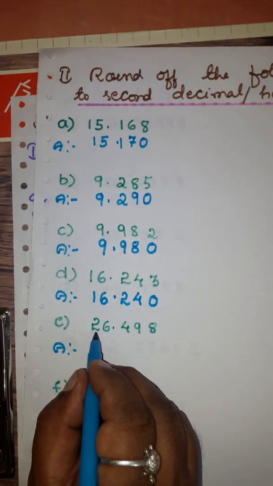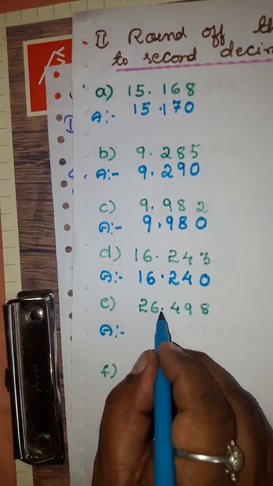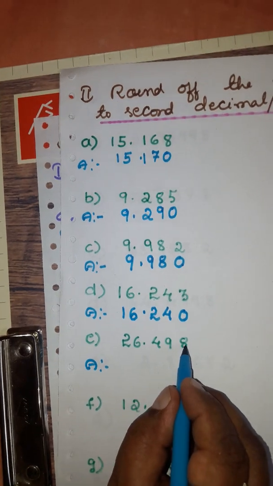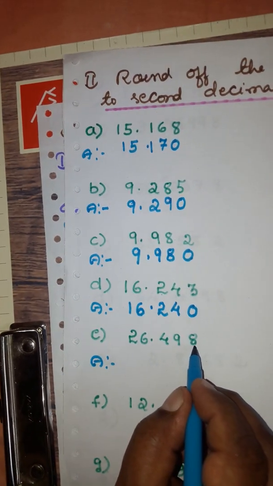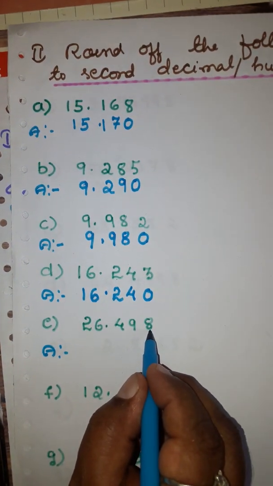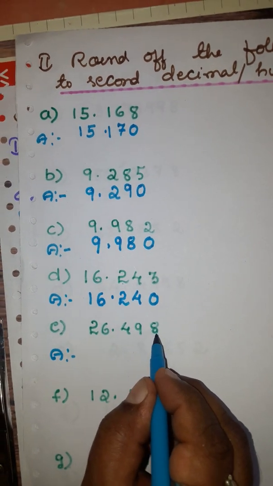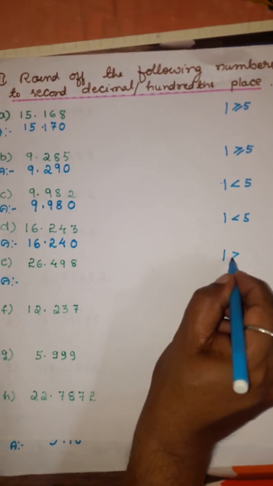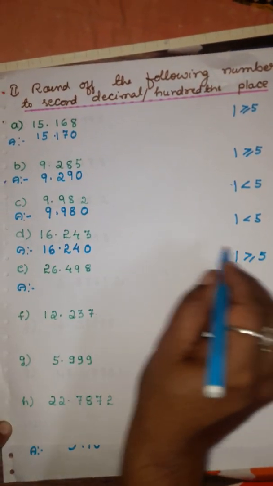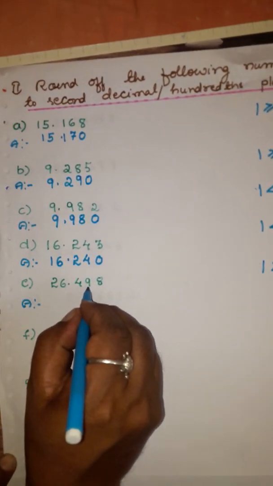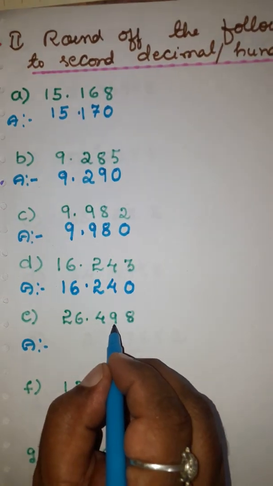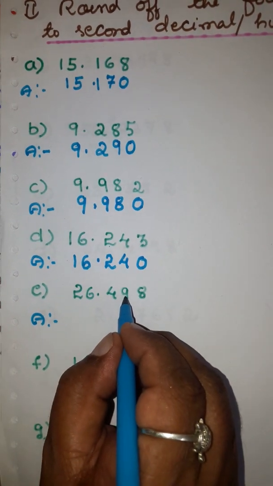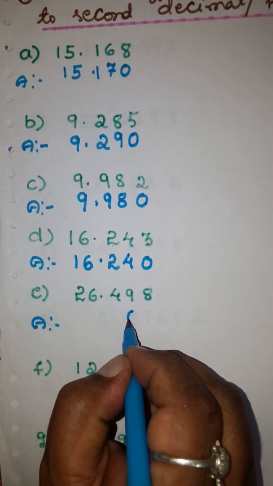Now here we have the fifth problem, 26.498. Now in the third decimal place we have a digit 8 which is more than or equal to 5. So add 1 to 9, second decimal place. So 9 plus 1 is 10.